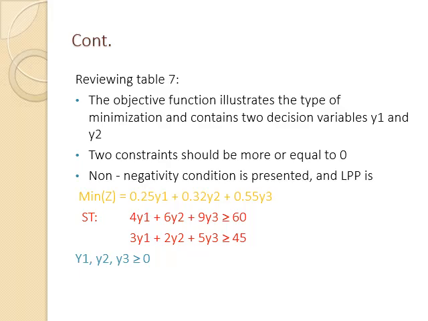Minus z equal 0.25 y1 plus 0.32 y2 plus 0.55 y3, where 0.25 is the cost of 1 unit of y1 and 0.32 is the cost of 1 unit of y2 and 0.55 is the cost of 1 unit of y3.